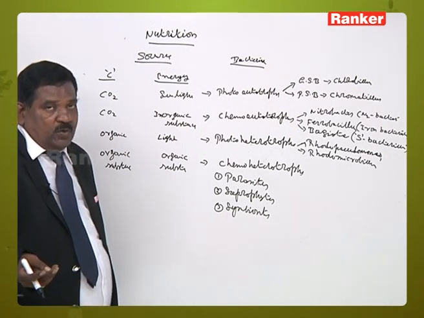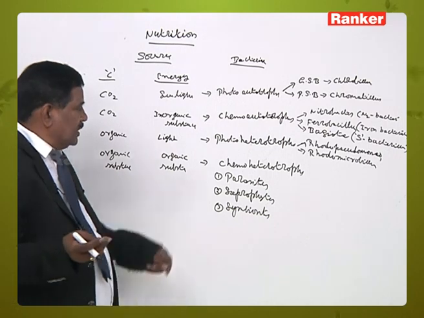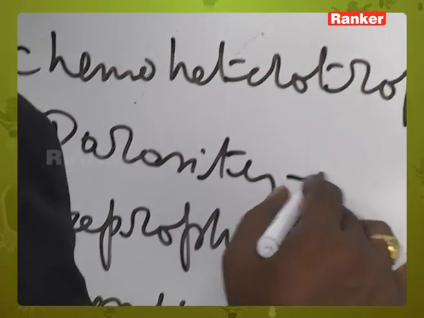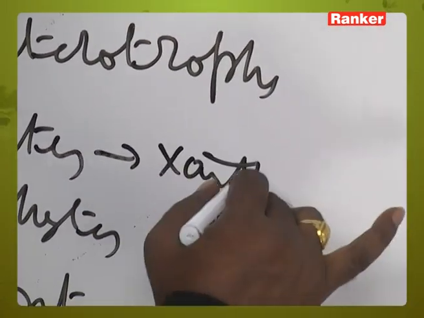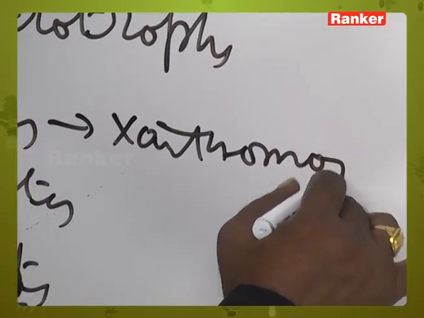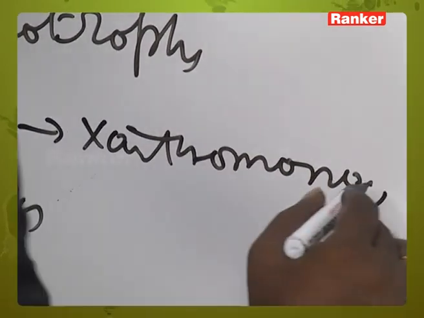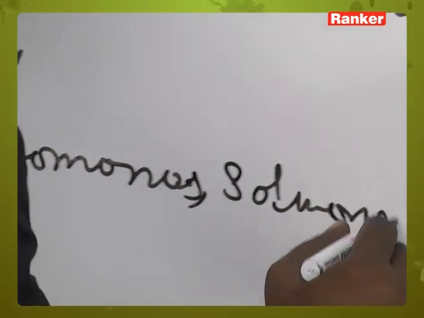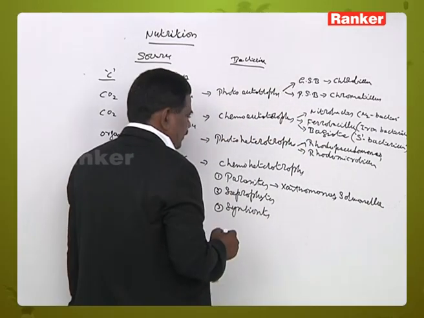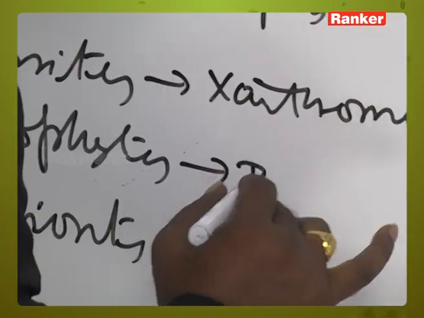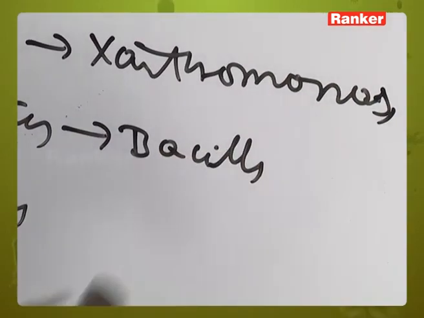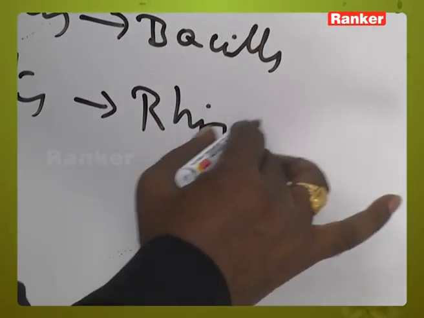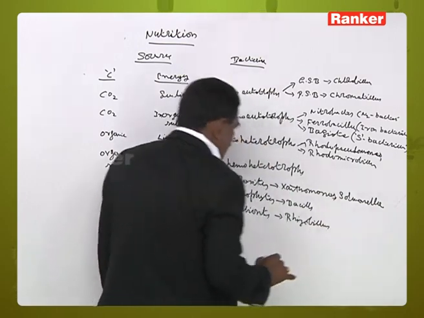They are harmful to the host, getting both energy and carbon from the host. Parasite examples: Xanthomonas, Salmonella. Saprophytes, some Bacillus. Symbiont, best example, Rhizobium.